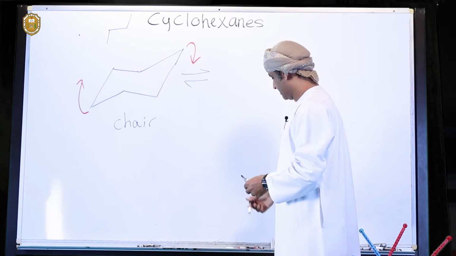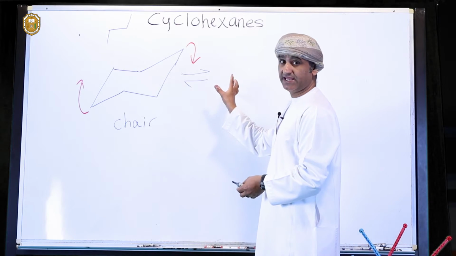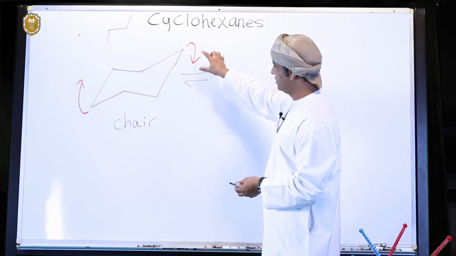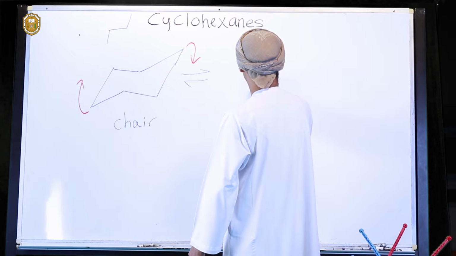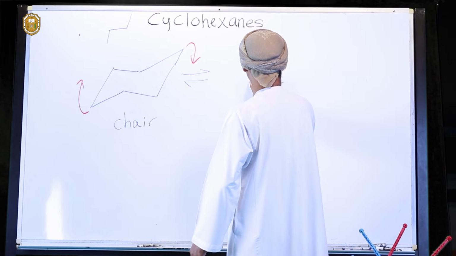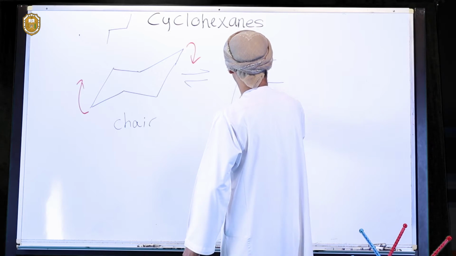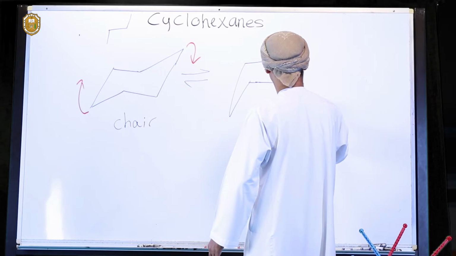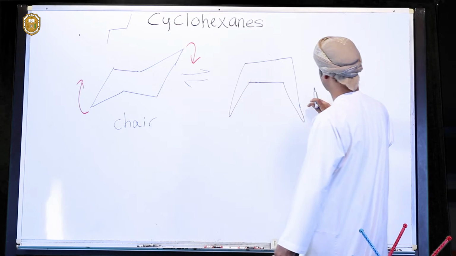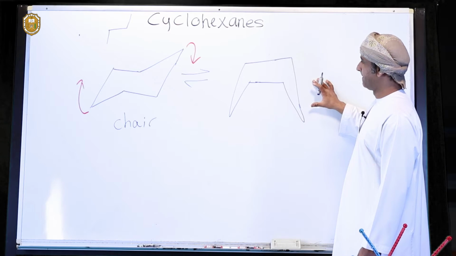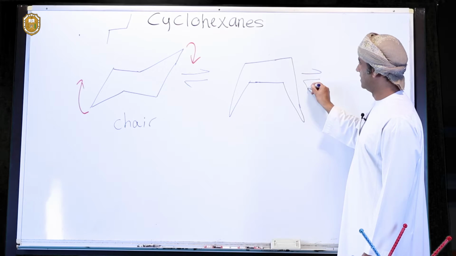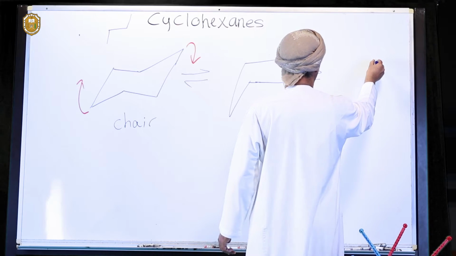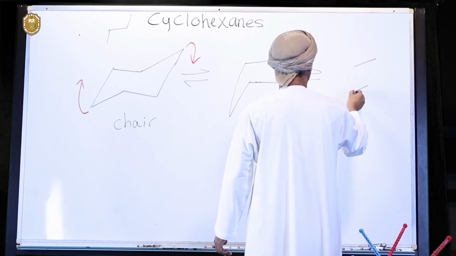This is called a ring flip, but through the intermediate boat. If you initially put this down, we get something like this. So this is an intermediate boat, and if we continue to do the ring flip, then we get something like that.